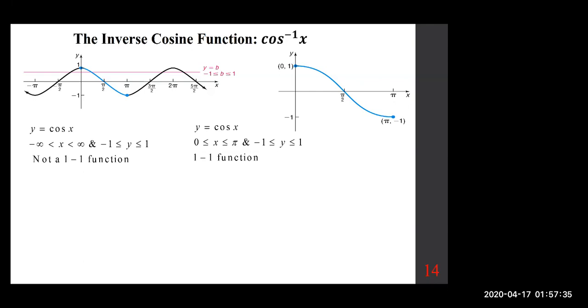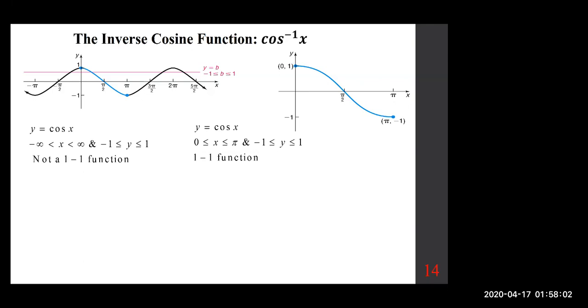For example, tangent follows sine. Cotangent follows cosine. Secant is 1 over cosine, so it follows cosine. Cosecant is 1 over sine, so it follows sine, as far as the restriction. Okay, class? I hope everybody's comfortable with the concept here.